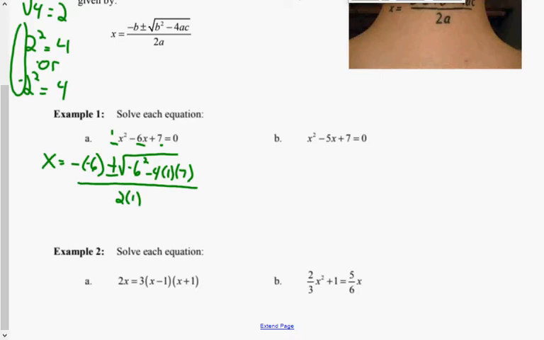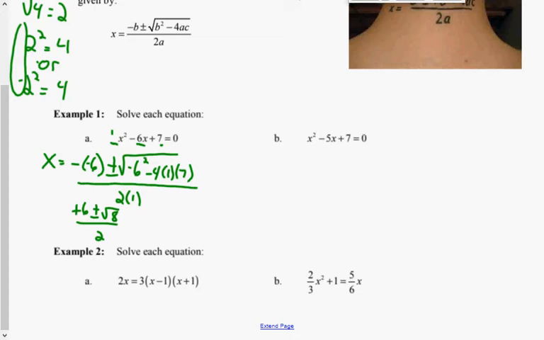If I work this out, did I leave myself enough room here? Okay, so this is going to be positive 6 plus or minus the square root of 36 times 8, over 2.